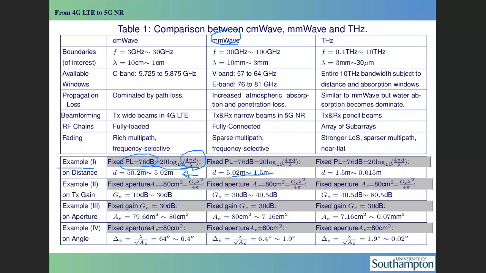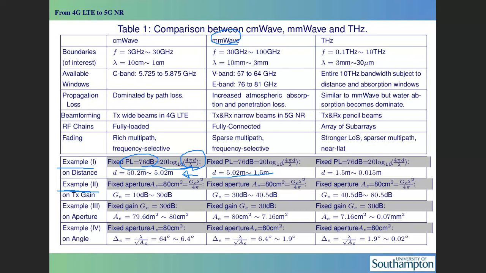The second example: I'm not sure if you remember, we talked about why millimeter wave hasn't been used widely in wireless communication before 5G. It is related to the area of the antenna.